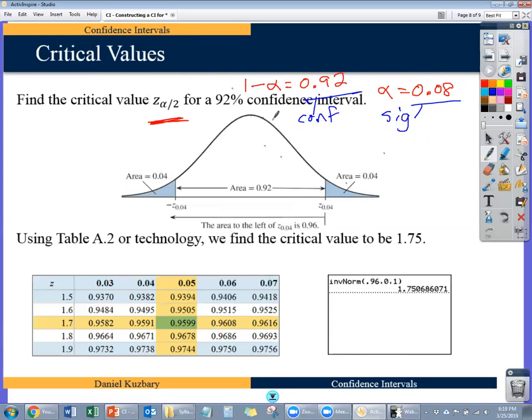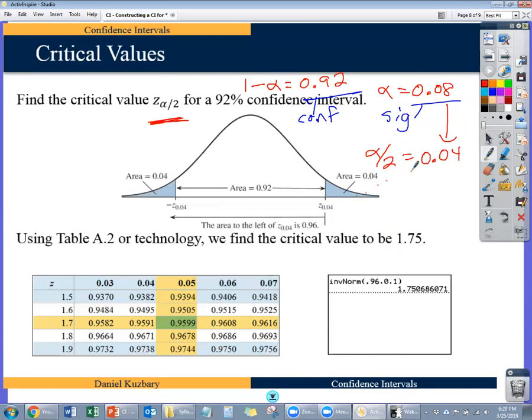And I got the confidence level from this. So now I know alpha is 0.08, which means that alpha over 2 is equal to 0.04. So just divide this by 2. And then I can use my z table to find the value for which the area above it is 0.04.